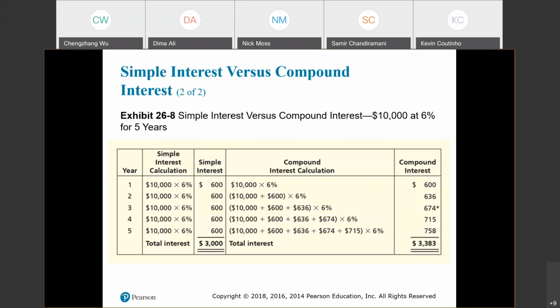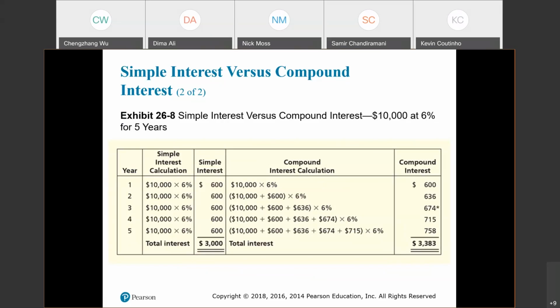So let's take this slide as an example to illustrate simple interest and compound interest. On this slide, if you look at the second and the third columns, it is the calculation of simple interest with an initial investment amount of $10,000.